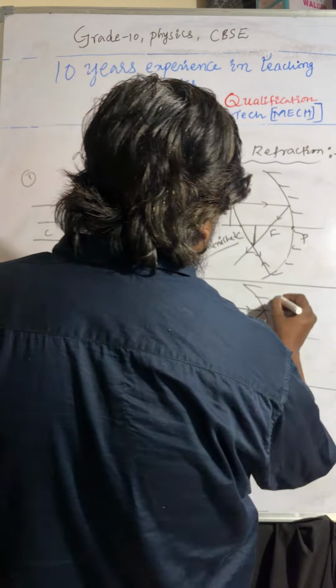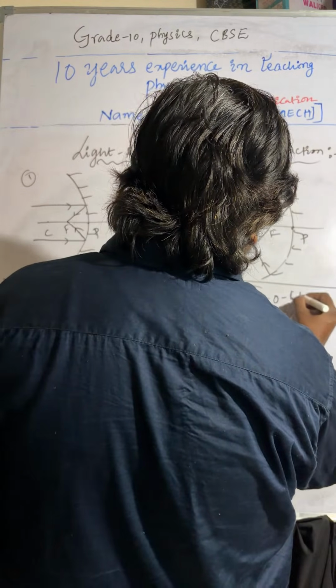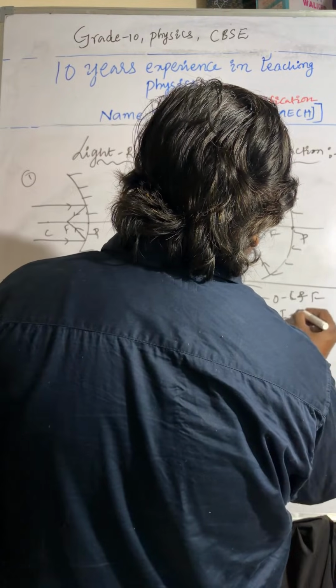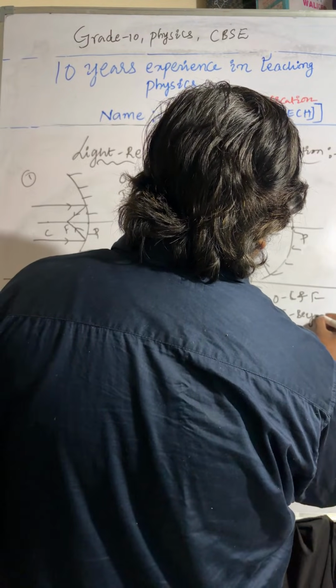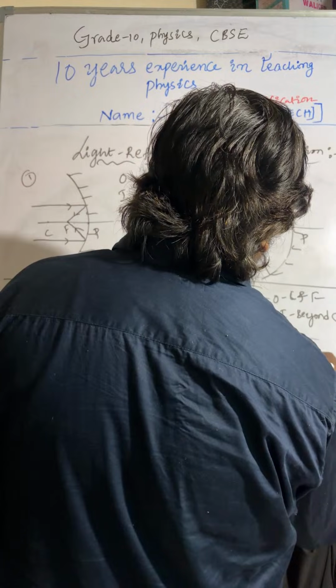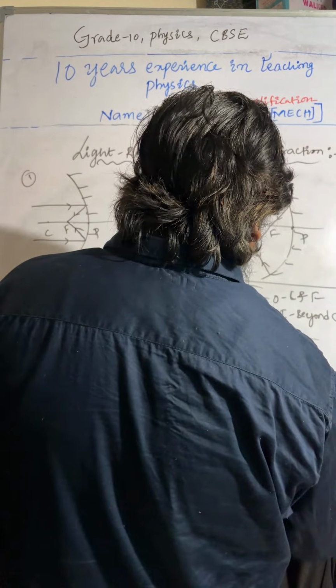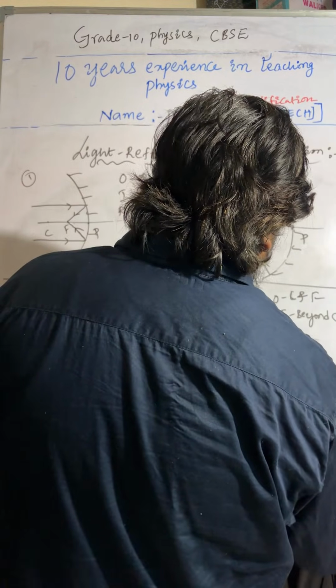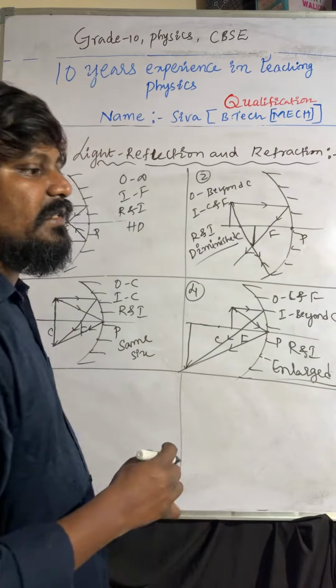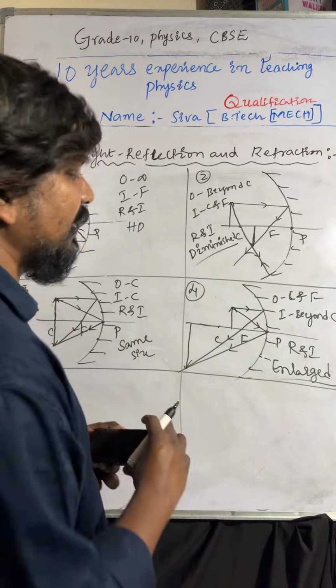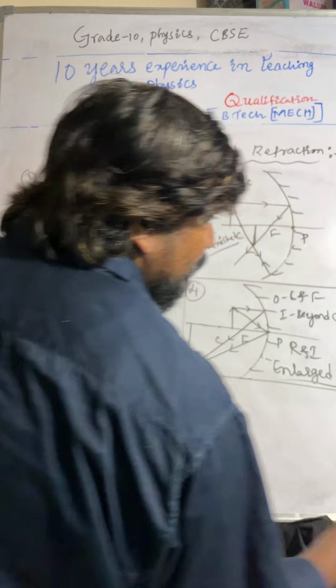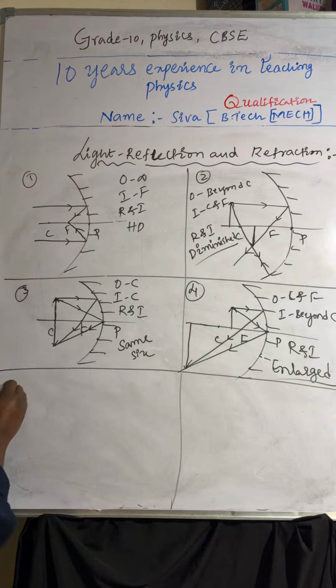Object is placed between C and F, image will form beyond C. Nature of the image is real and inverted. Size of the image is enlarged. Compared to the object, image size is increased. Understood or not? Coming to the fifth one.